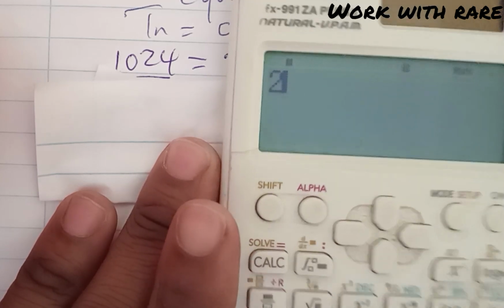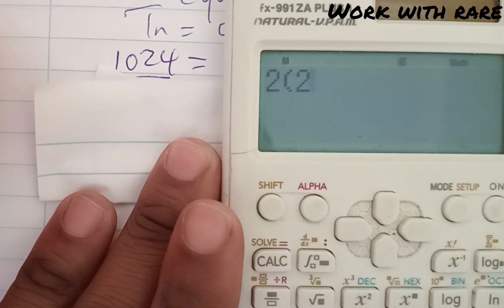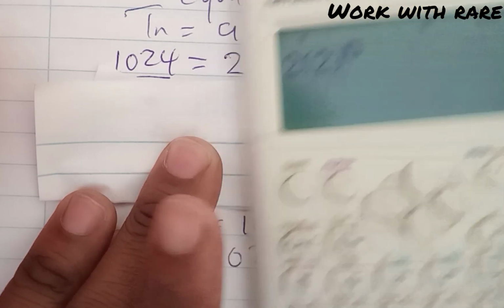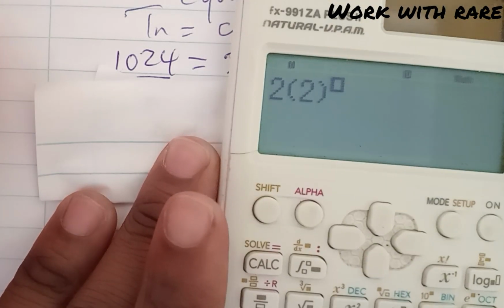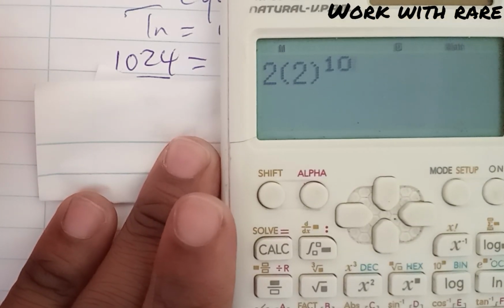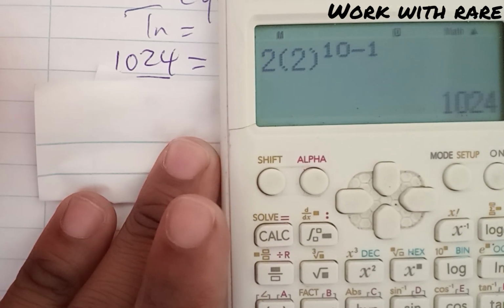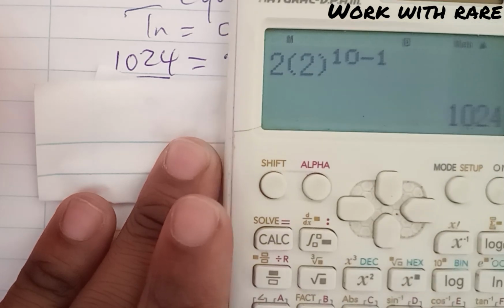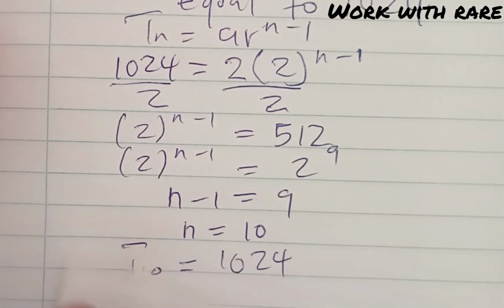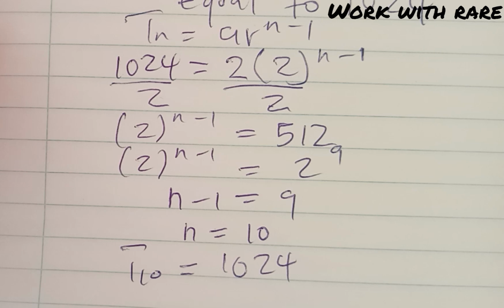So it's 2 open brackets 2 to the exponent, our answer is 10. Remember, so my n is 10 minus 1. So you see it will give you 1024, which means our n is correct. Okay, so yeah, that's how you can check it.